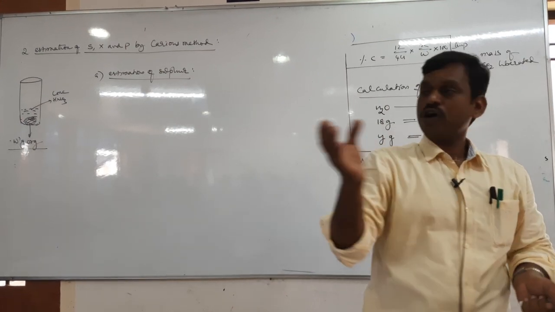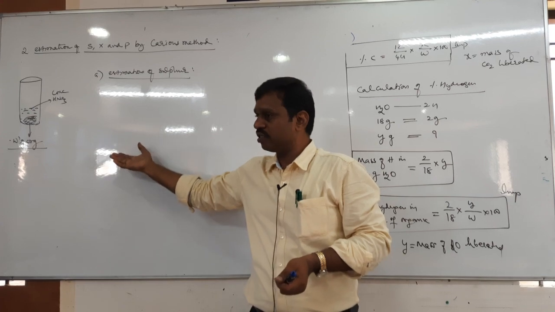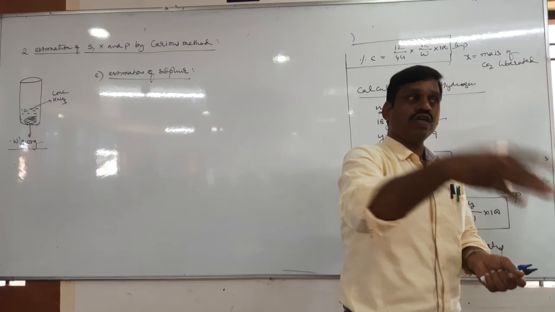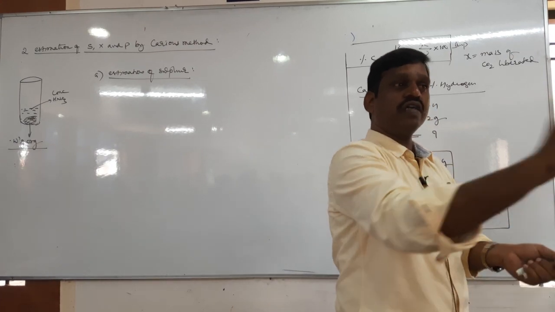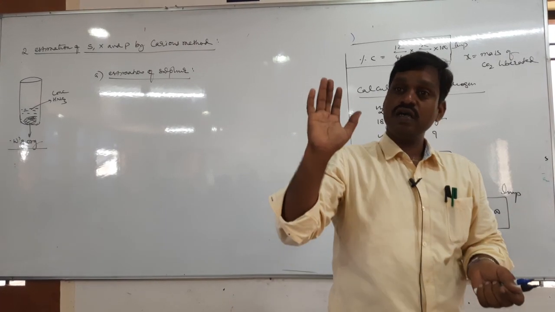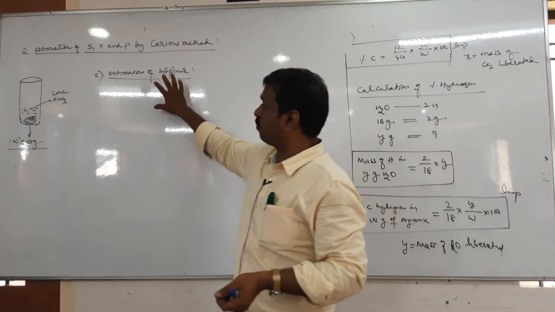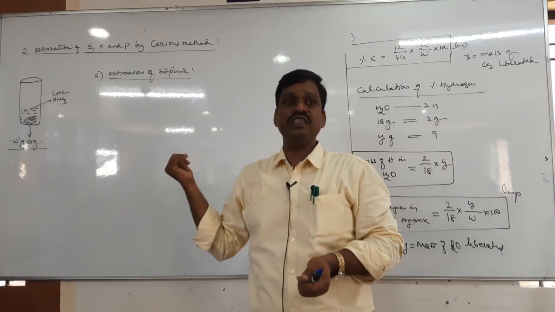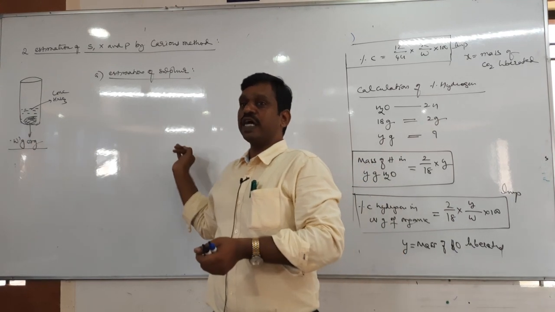Concentrated nitric acid is an oxidizing agent which converts carbon to carbon dioxide and hydrogen to water, and it also oxidizes the sulfur present in the organic compound to sulfuric acid.